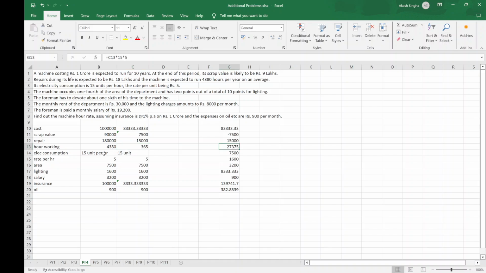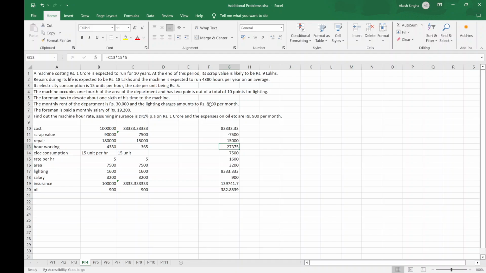Now electricity consumption is done. The machine occupies one-fourth and has 2 points out of 10 points for lighting, so 1 by 5th. Lighting charges amount to rupees 8,000.